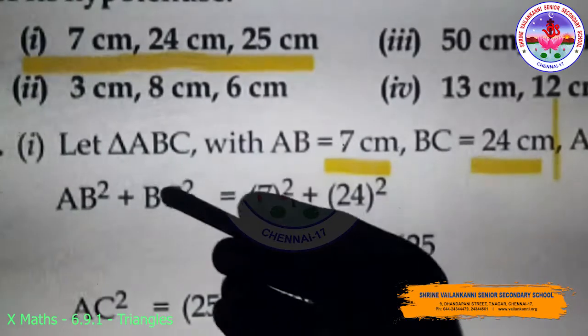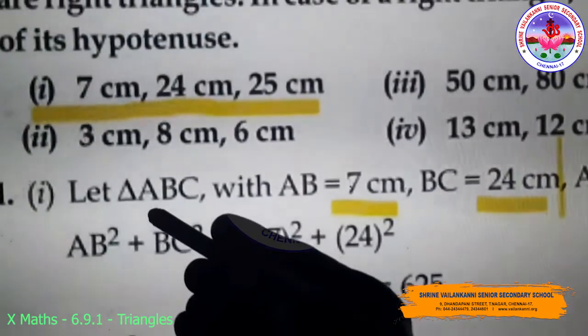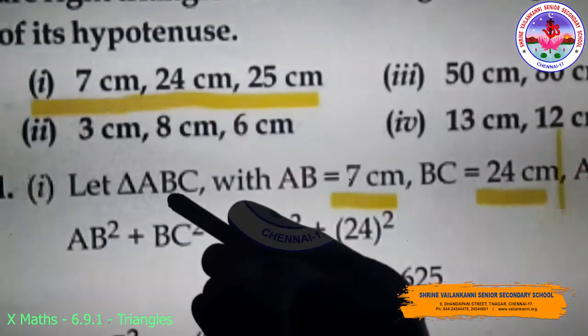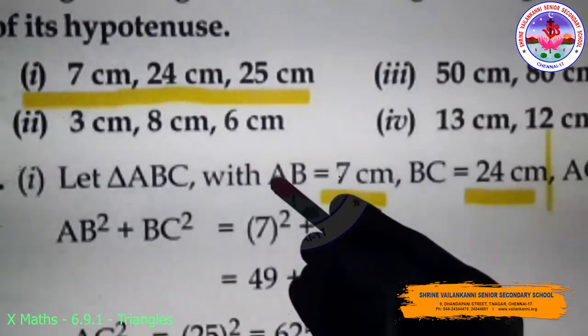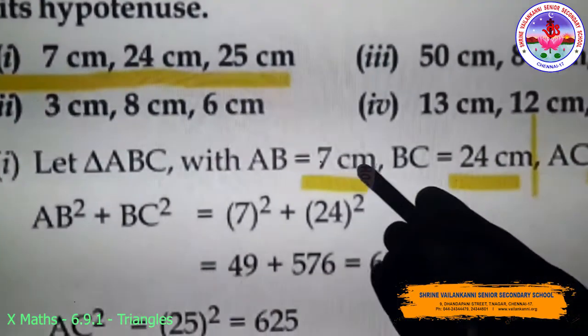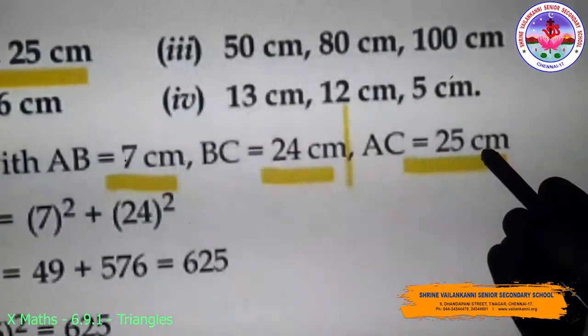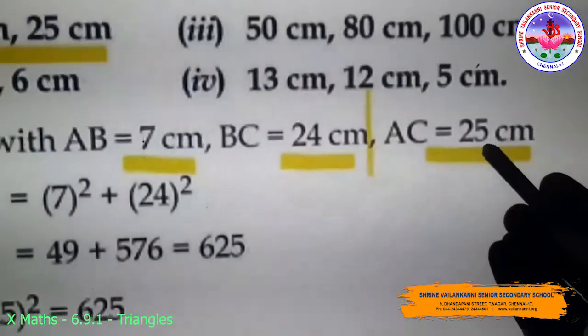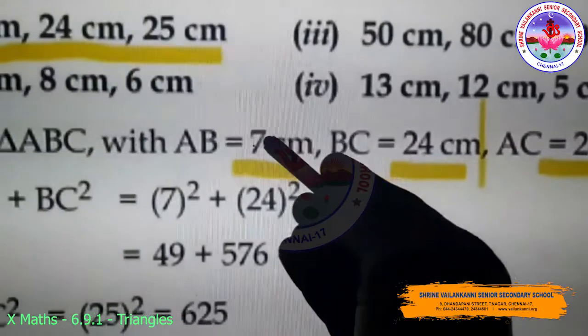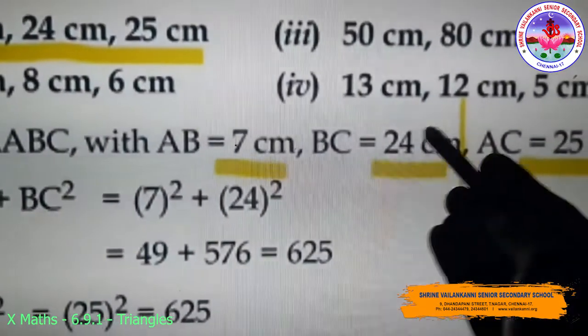Now let us consider triangle ABC with AB equal to 7 cm, BC equal to 24 cm and AC equal to 25 cm. So I am going to square all the sides now.